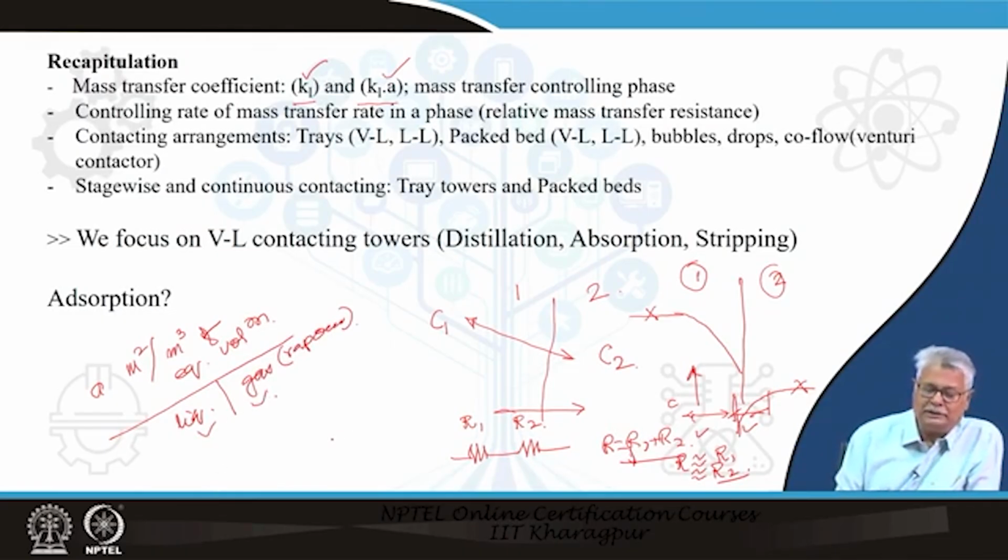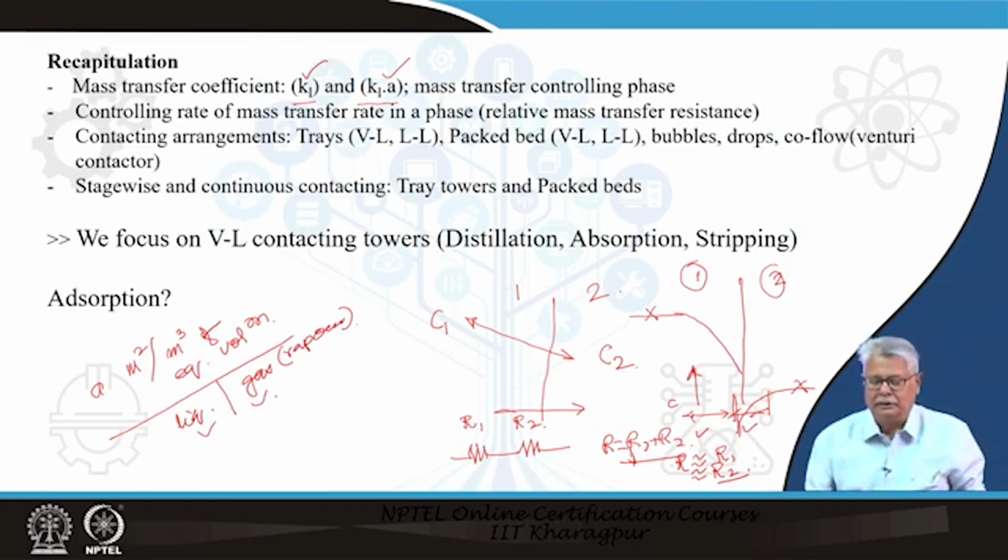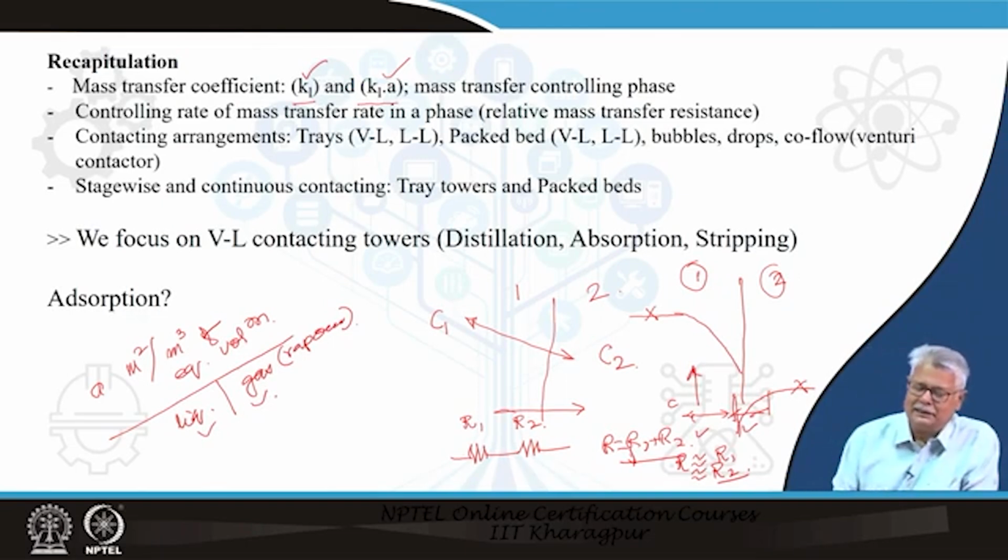Now, we think of the mass transfer and implementing the mass transfer. Implementing the mass transfer is definitely by contacting the liquid and the gas phases. If it is a liquid-liquid system, it will be liquid-liquid phase contacting, but after all, the phases across which the mass transfer happens have to be contacted.